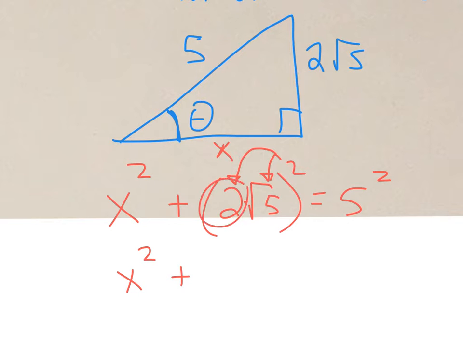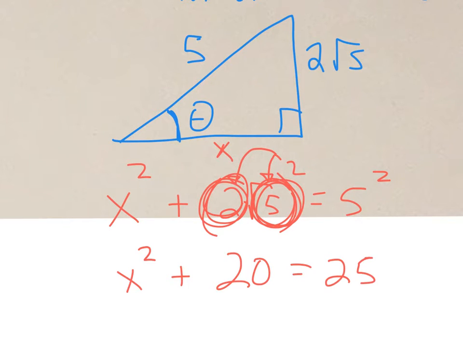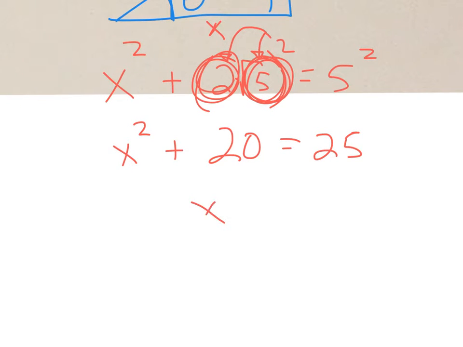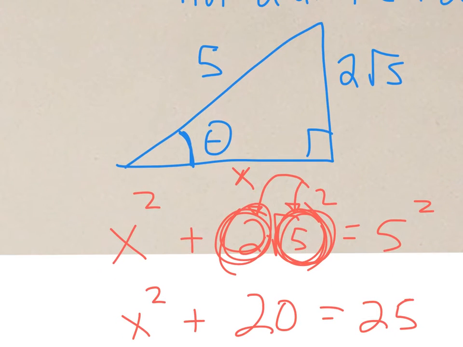So 2 squared is 4, root 5 squared is 5, so 4 times 5 is 20. And if you're going to use your calculator to do that, make sure you have parentheses, or your calculator is not going to know what you mean. So the x value is root 5 for my triangle.